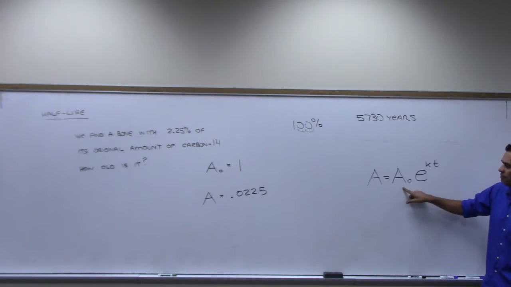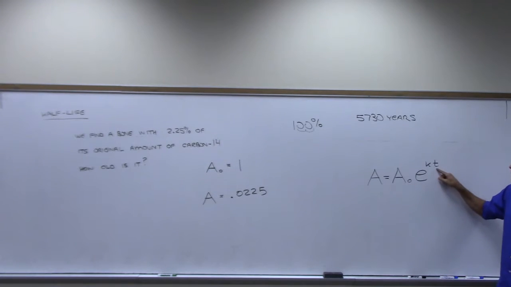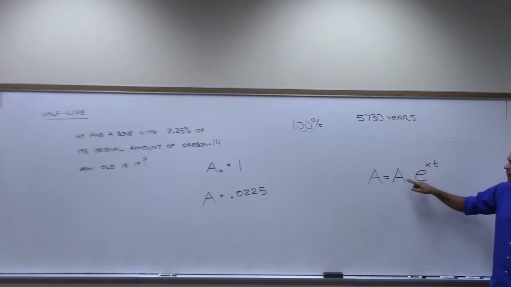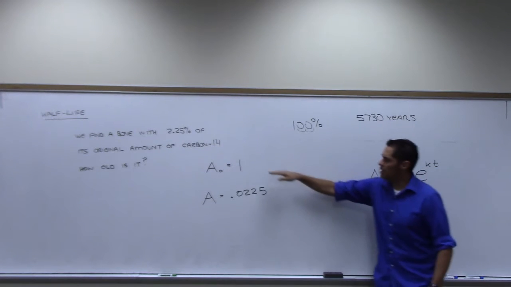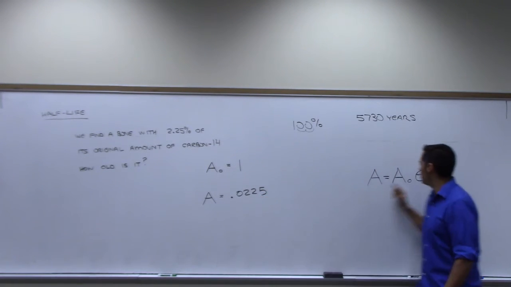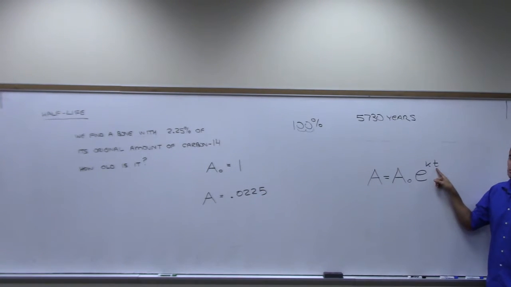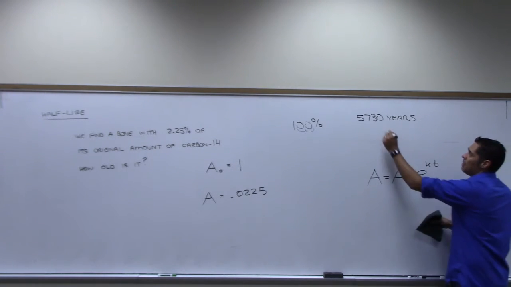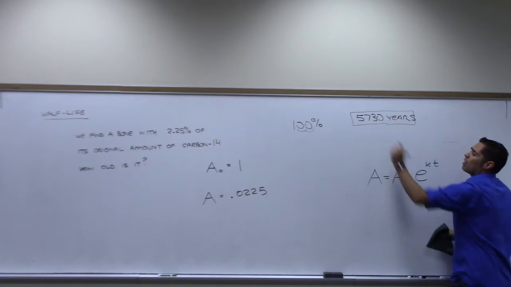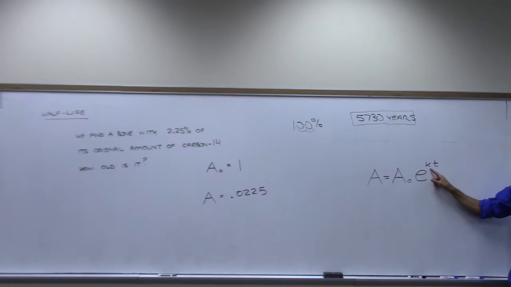We know this. Check. Do we know how much time it took to get from here to here? In other words, to get from all the carbon-14 to this. Do we know what the time is? No. Time is how old the bone is, right? Do we know this, though? This K? Not yet, okay? It's not this number. We're going to use that number to get to K.